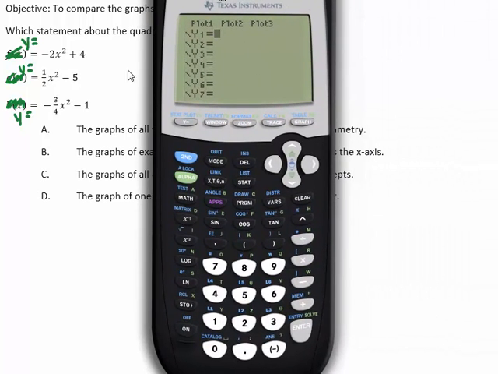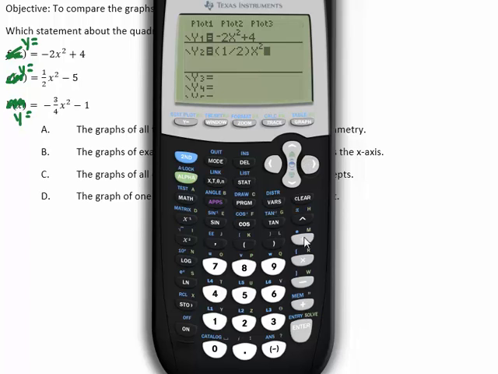So, first equation, y equals negative 2x to the power of 2. Get out of the exponent, plus 4. Second one is 1/2. To do a fraction, I'm going to open a set of parentheses: 1 divided by 2, close my parentheses, x to the power of 2.